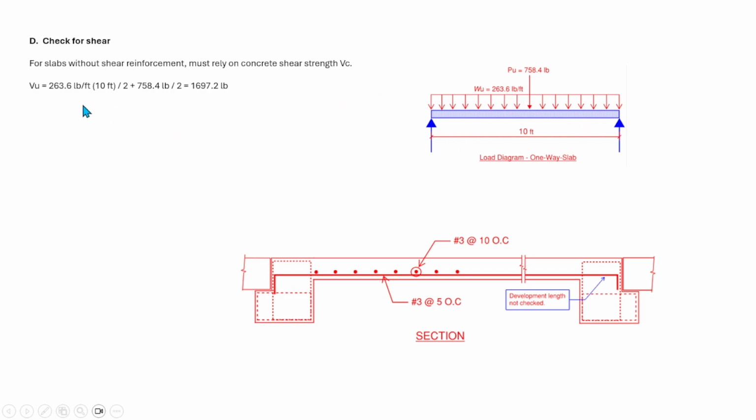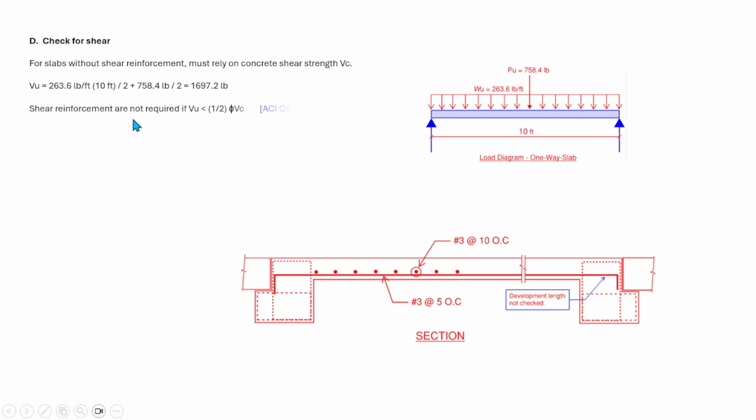We'll just multiply that by 10, divide by 2, and that is the reaction at the support, plus 758.4, that is the point load, divide by 2. So the total reaction at the support is equal to 1,697.2 pounds. So that is the shear.